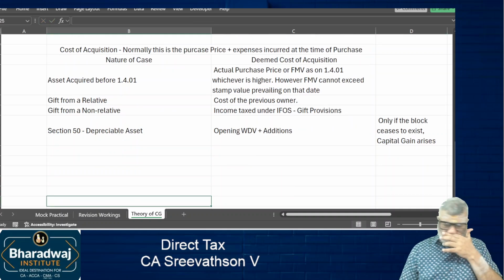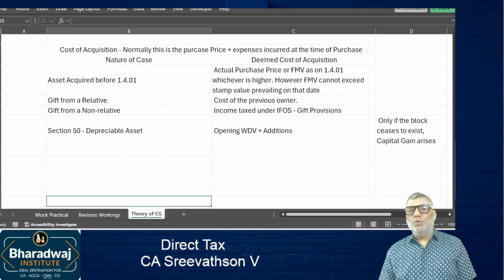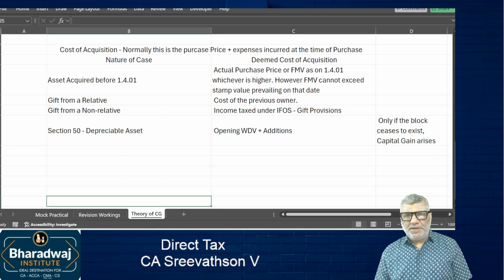Yesterday itself we saw only if the block goes out of existence, capital gains will arise.